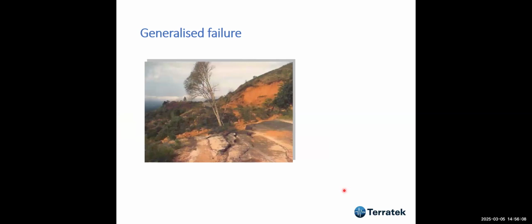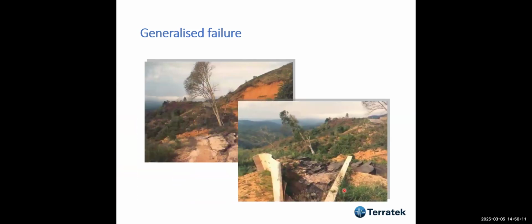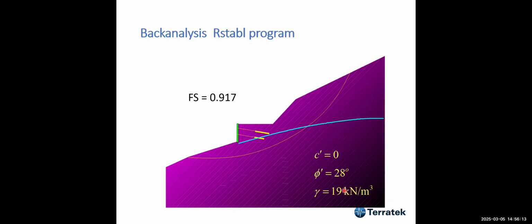And this was generalized failure, and the analysis showed that the cause of failure was a very sandy material, silty sandy material with almost no cohesion. We had some tests and site investigation done, and the analysis showed the possibility of raising the water level during a storm.